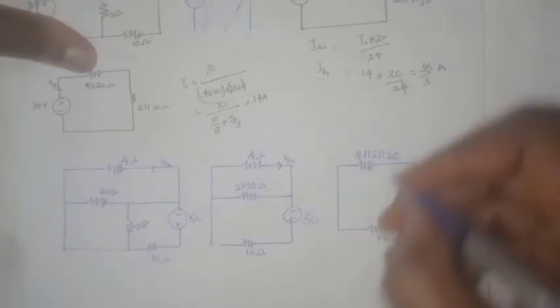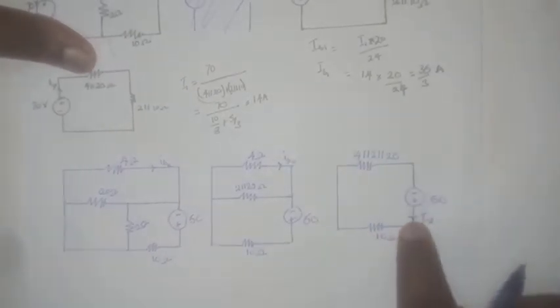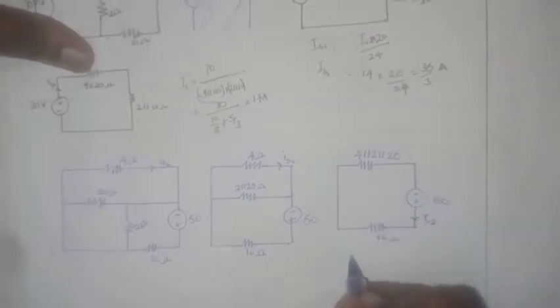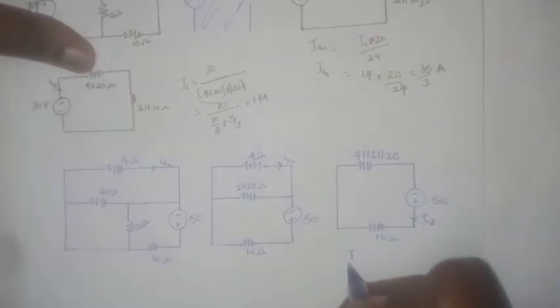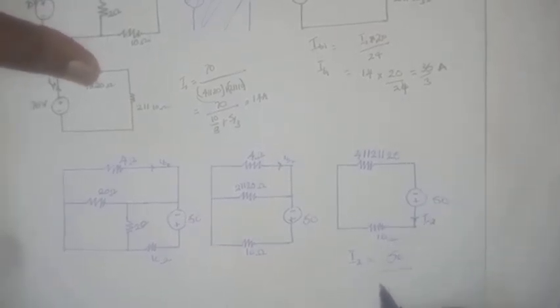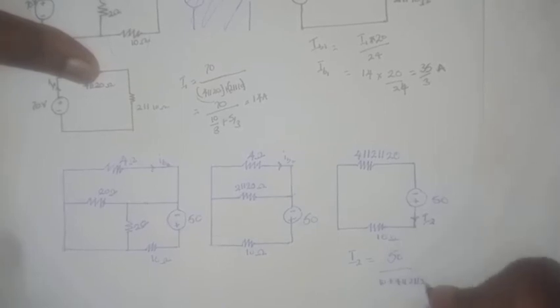We can then write an equation for the value of current flowing out due to this power source, and we can call it I2 equals 50 divided by 10 plus 4 in parallel with 2 in parallel with 20.